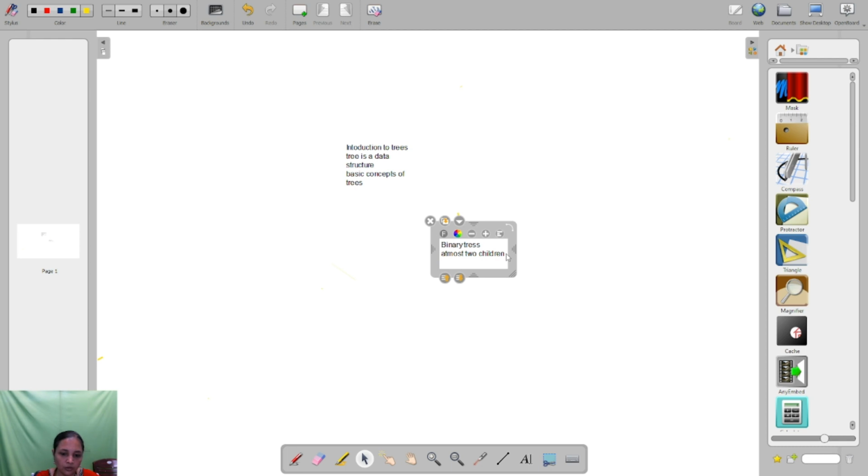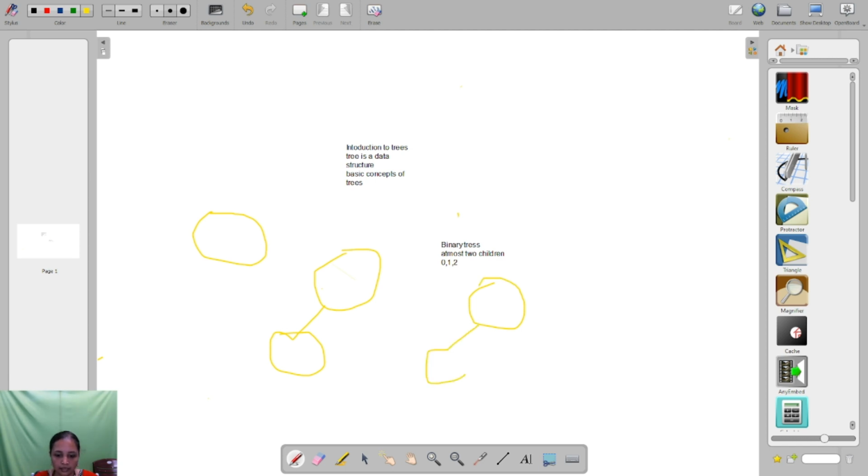So a node has 0 or 1 or 2 children, and that tree is called a binary tree. For example, here I will draw a binary tree. This is one node. This is also a binary tree. One node and another left child is also a binary tree. This one node with a left node and a right node is also a binary tree. 0, 1 or 2 children is the meaning of at most 2 children.